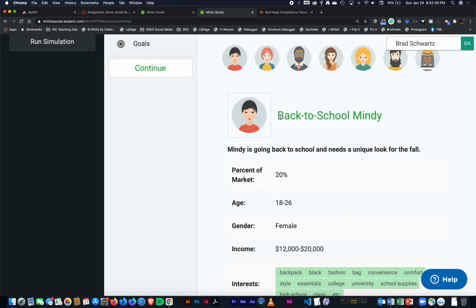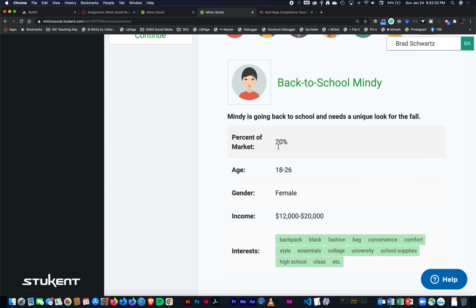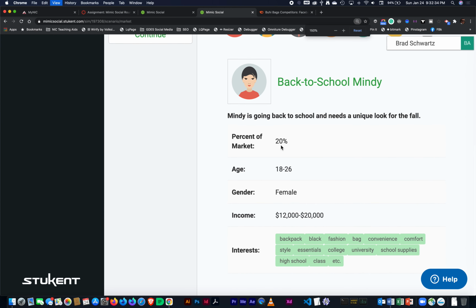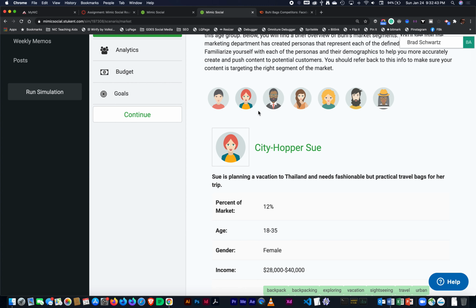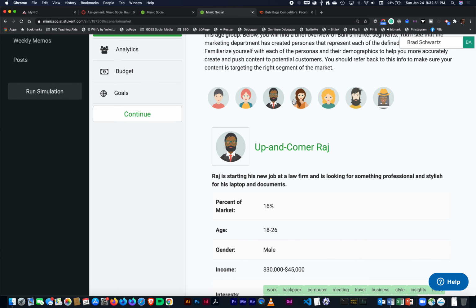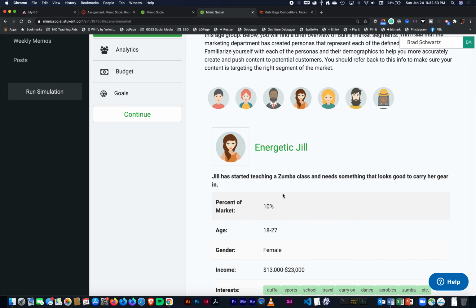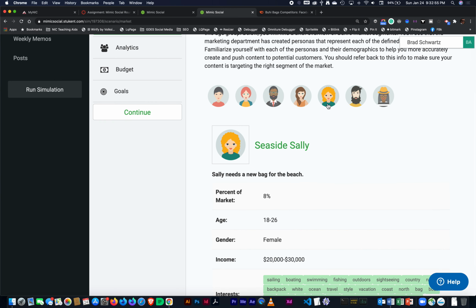So we got Back to School Mindy, makes up 20% of the market, age 18 to 26, female, low income, these sort of interests, and then we can take a look at the rest. So City Hopper Sue will be 12% of the market, Up and Comer Raj, 16% of the market, 10% for Energetic Jill.